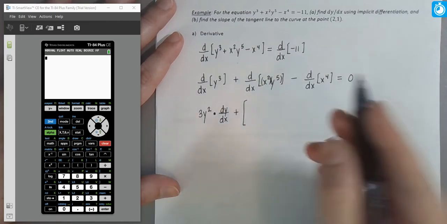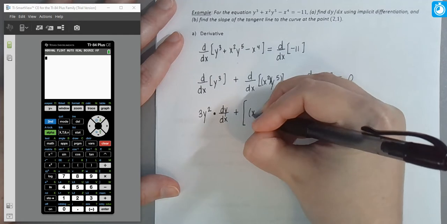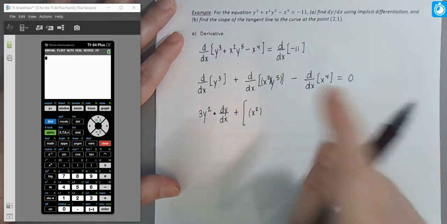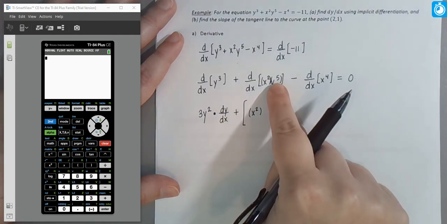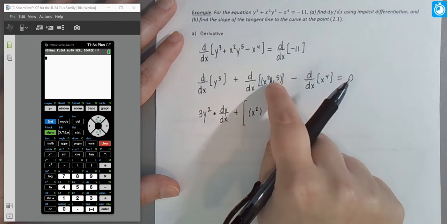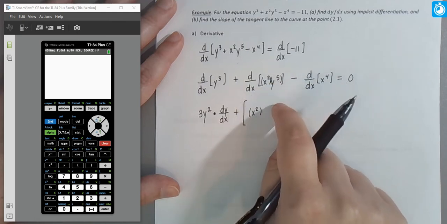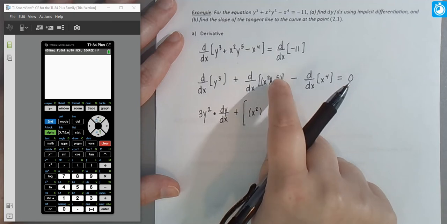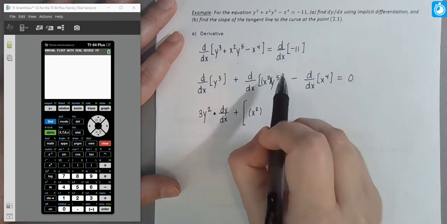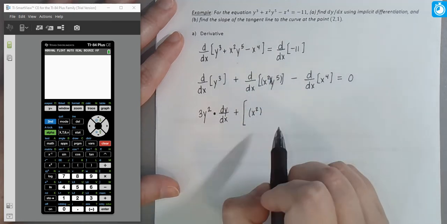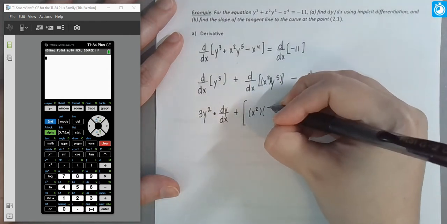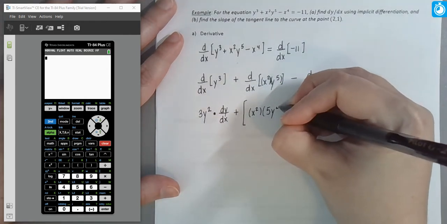So with the product rule, we have the first function, x squared, times the derivative of the second function. Remember, in y to the fifth, y is not our variable of differentiation, it's a function containing it. So we take the derivative of that expression like normal, 5y to the fourth.